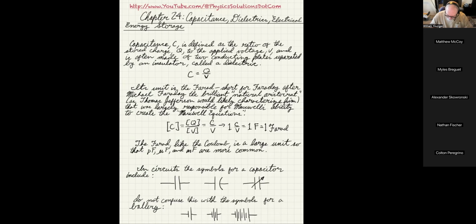In circuits, the symbols for capacitors include basically just two parallel lines with wires coming off of each side, like you see in the first one. There are also capacitors that I call polar capacitors. Specifically, they're capacitors that you have to put in a very specific orientation, or you'll ruin them.